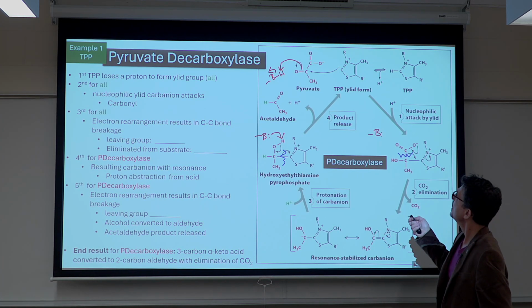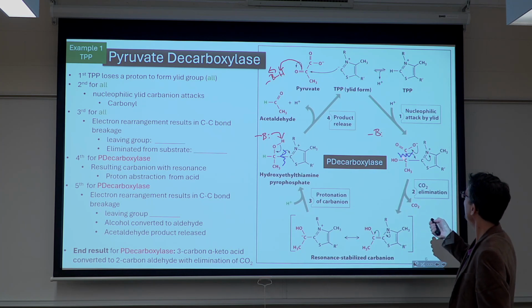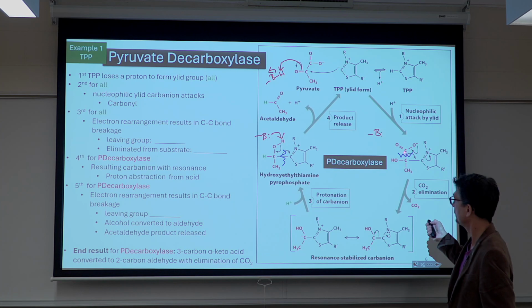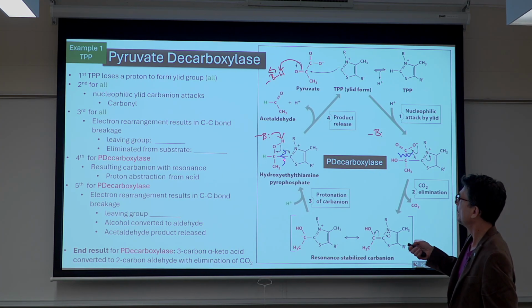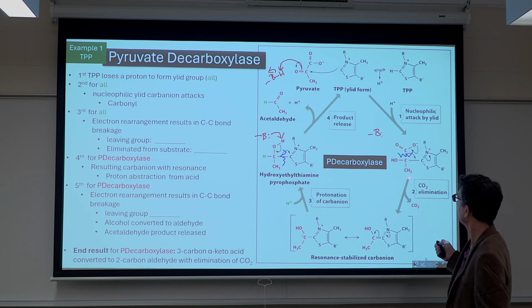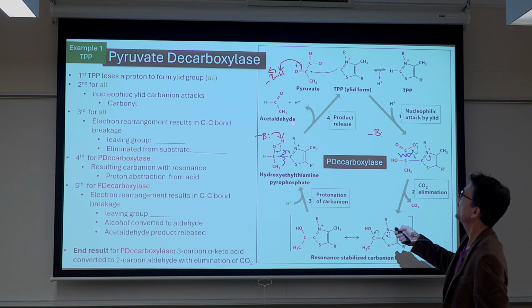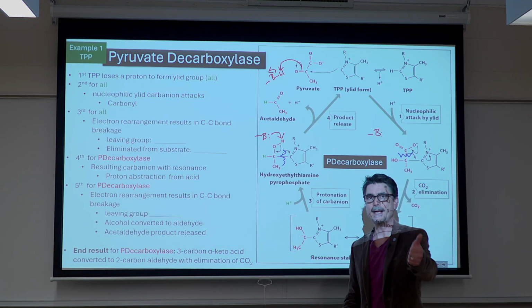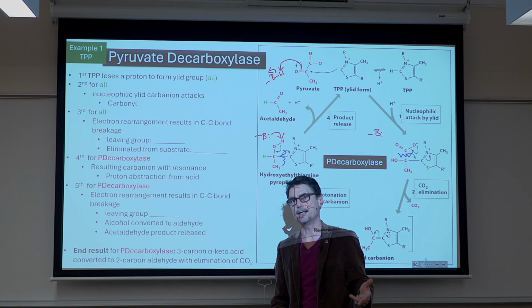Now, when we look at what happens, we made a carbon-carbon bond, and then we broke a carbon-carbon bond. So we made a carbon-carbon bond, we broke a carbon-carbon bond, we made a carbon-carbon bond, and we broke a carbon-carbon bond. Make it, break it, make it, break it.